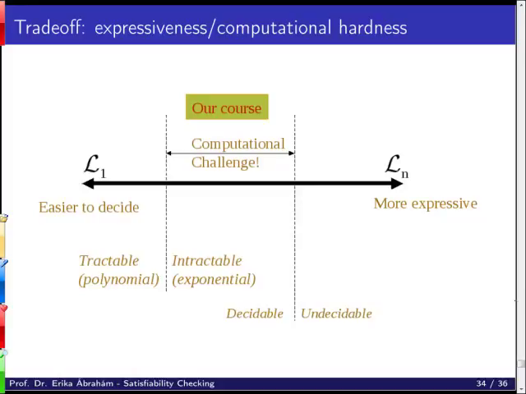Then we have something in between, which is already exponential, but they are still decidable, and this is what we talk most about in this course. And then there is this undecidable fragment, which we will deal with a bit, but we mostly concentrate on this big part in between.